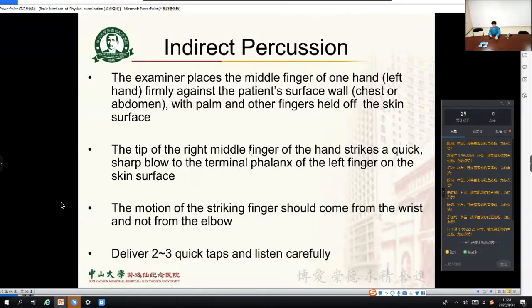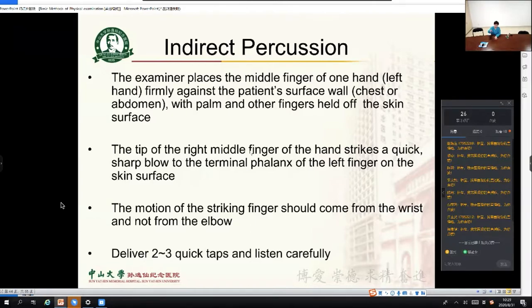The tip of the right middle finger strikes quickly and sharply at the terminal phalanx of the left finger on the skin surface, like this. This is the typical indirect percussion method. The motion of the striking finger should come from the wrist, but not from the elbow, like a robot.